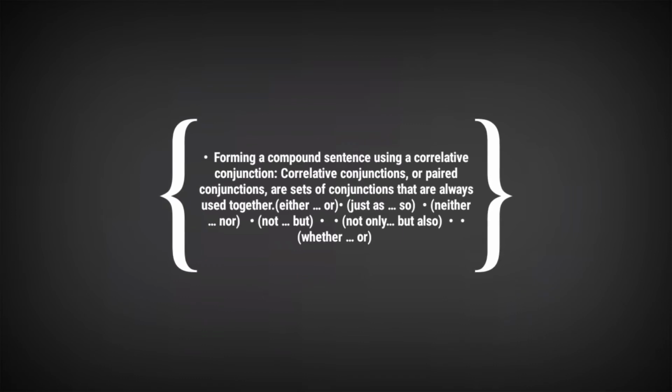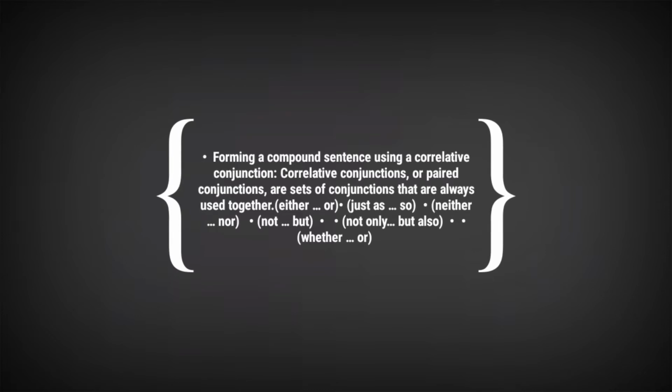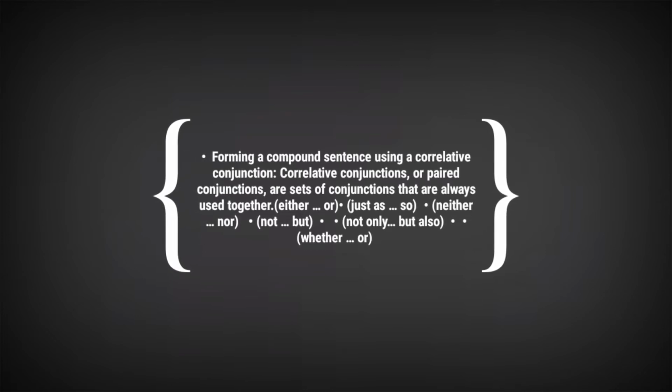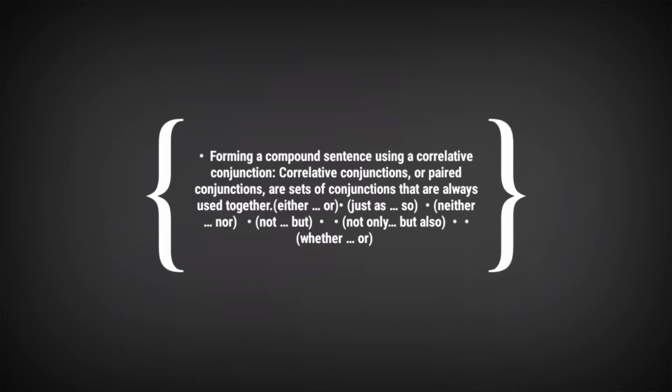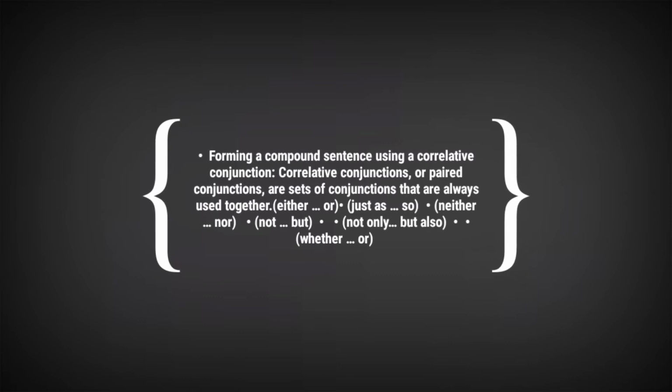Forming a compound sentence using a correlative conjunction. Correlative conjunctions are paired conjunctions or sets of conjunctions that are always used together. Since they come in pairs, with each conjunction preceding an independent clause, they can join a maximum of 2 independent clauses together.